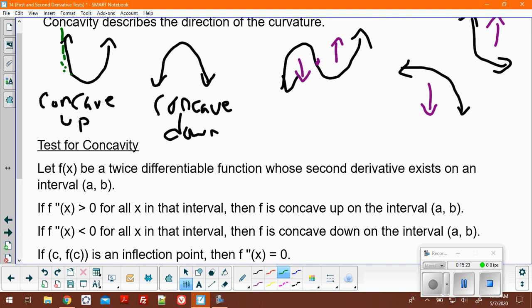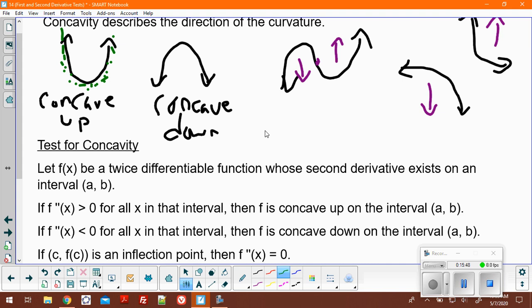It becomes less negative, starts to be positive, more positive, very positive. So my tangent lines have an increasing slope. They went from a large negative to being less negative, and eventually it's positive. So that's why it's concave up, because my tangent line slopes are increasing.